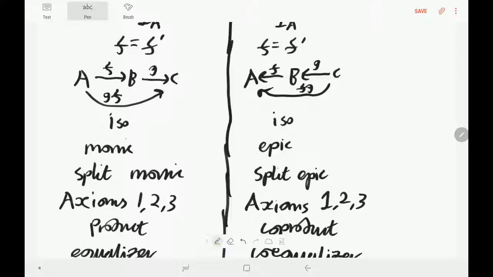If we're assuming other axioms, they may not be self-dual. For example, if we're working in a category where we assume there are always limits, but not that there are always colimits, then we can't automatically dualize the consequences of those assumptions, because the axioms wouldn't all be self-dual.